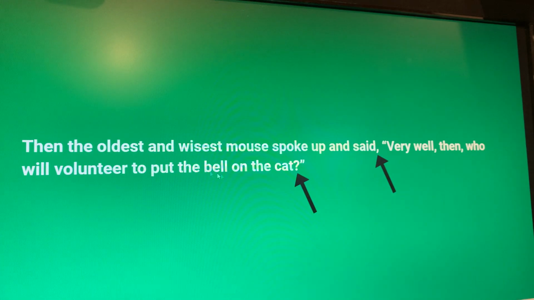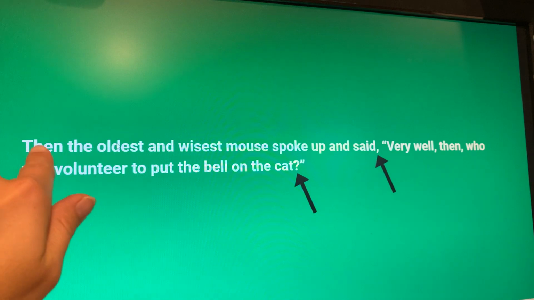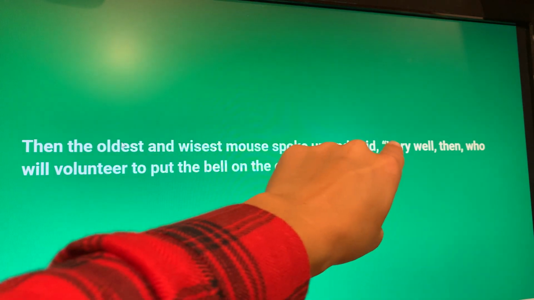Next line. Then the oldest and wisest mouse spoke up and said, "Very well then, who will volunteer to put the bell on the cat?" Notice when you're stating in the very beginning who's saying it, and you don't start with the quote, you begin with who's saying it.